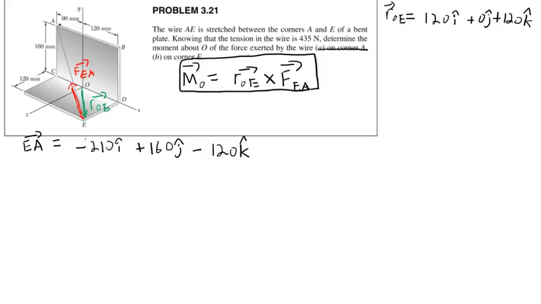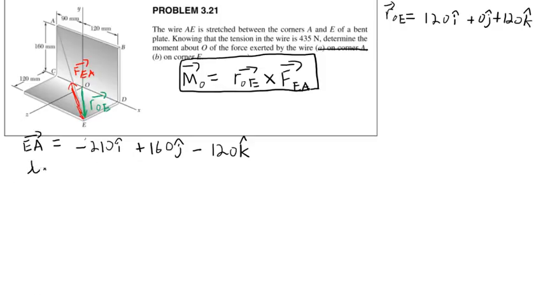Here it's 0 in the Z. So we lose 120 units in the Z direction. X, Y, Z. We go up in the Y, we go to the left in the X, and we decrease in the Z, going from E to A.